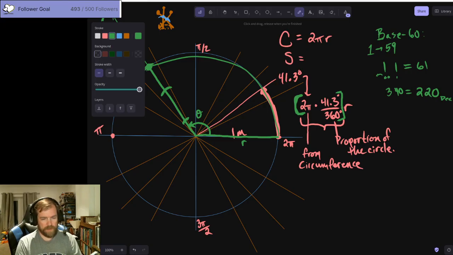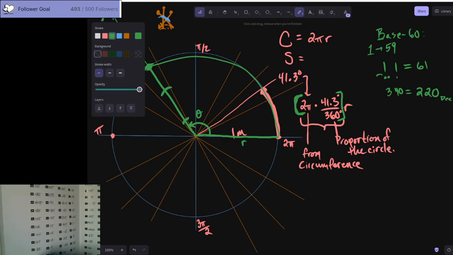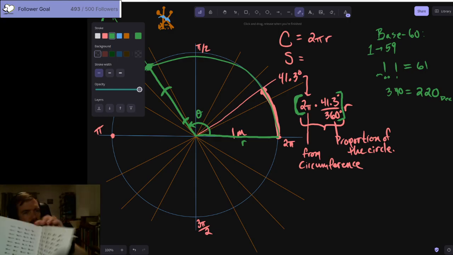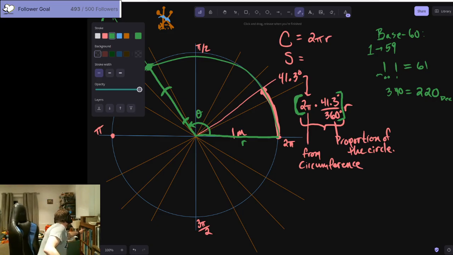Or rather, digraphs. These are all common digraphs that you'd see, various letter types that go together. Yeah, of course it's in the other one.